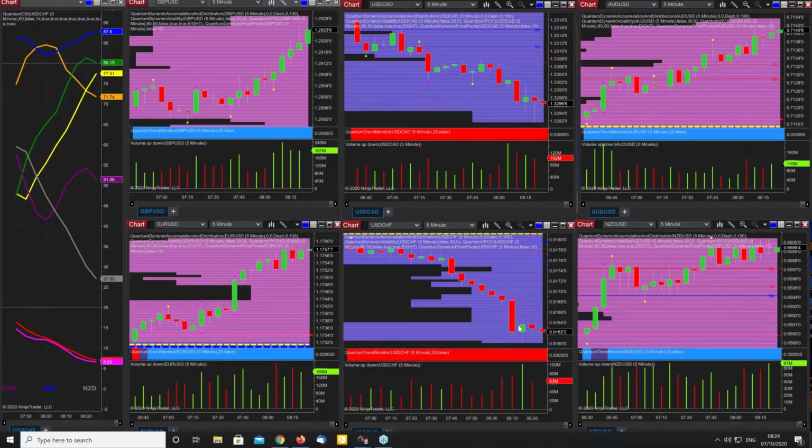You've got a volatility trigger down here on 5 minute. So we're expecting some congestion possibly to build, and possibly even a reversal. You're not seeing volatility anywhere else, but certainly in terms of dollar Swiss, you are. That may be unique to dollar Swiss, but again, it's just another fragment of information.